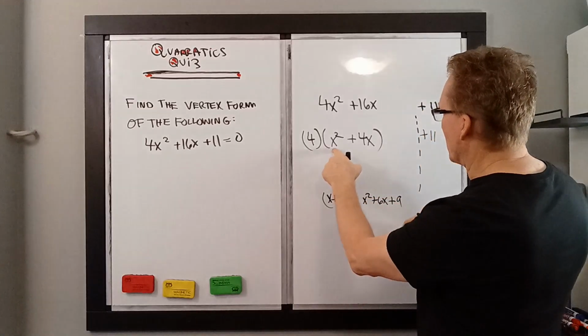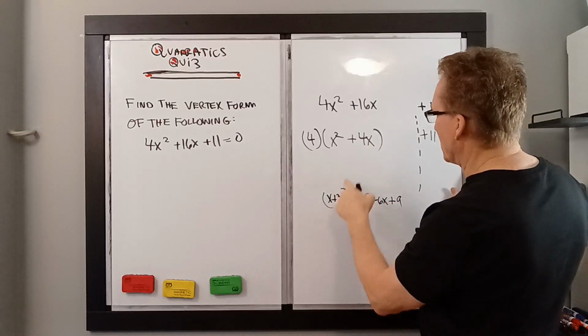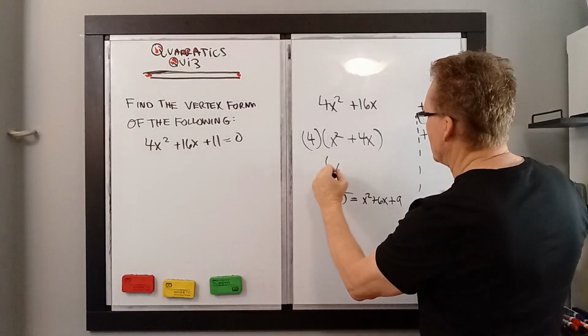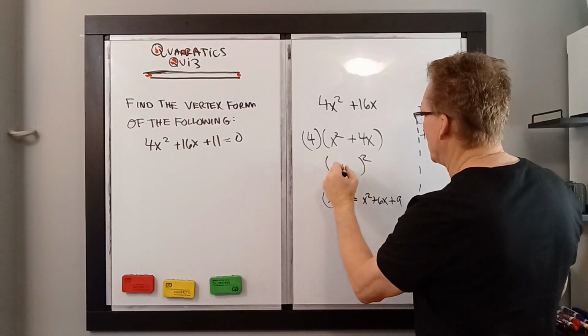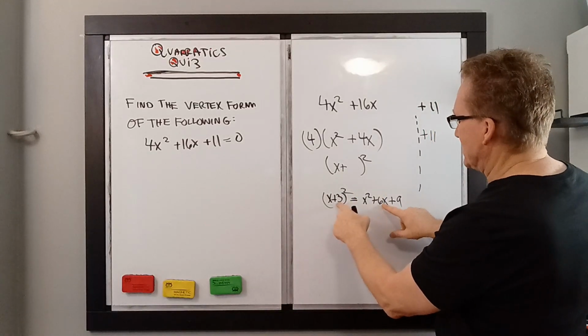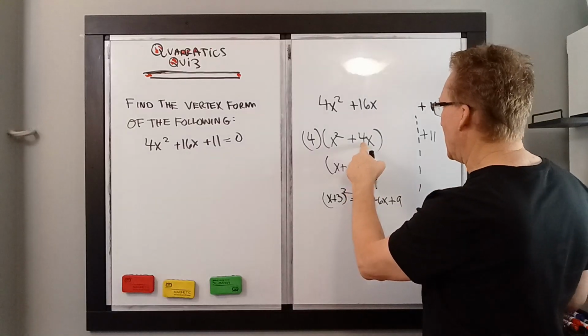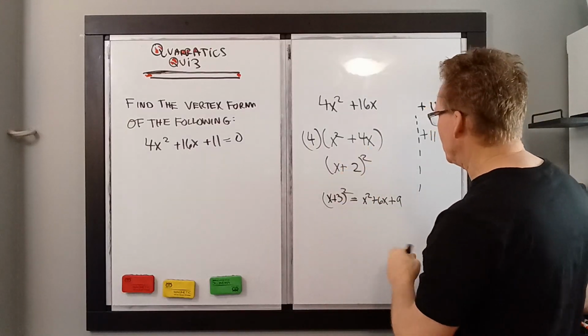Notice it's in that form: x squared, and then the next term. What value do we need here to make x plus something squared? Notice if this is a 6x, that 3 is half. That's like the cross term, so it's half of that. So we want half of this, so it's a 2 there.